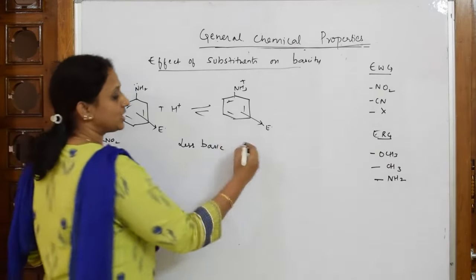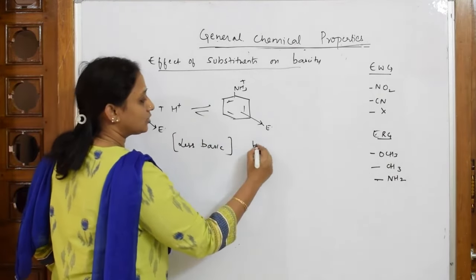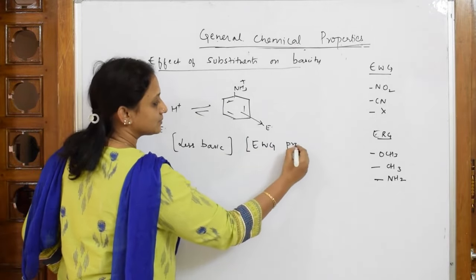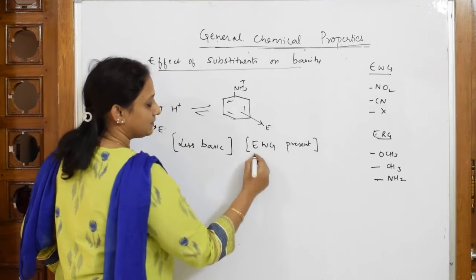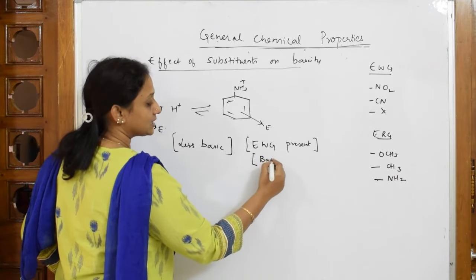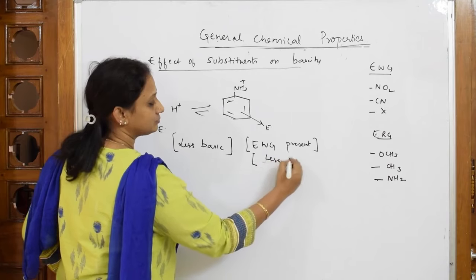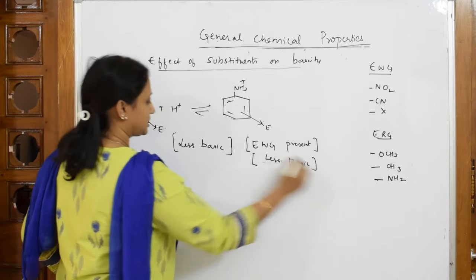So what concept should you write? If electron withdrawing groups are present, then it is less basic. That is what I have written here.